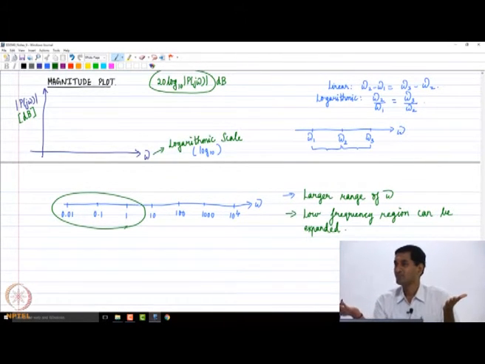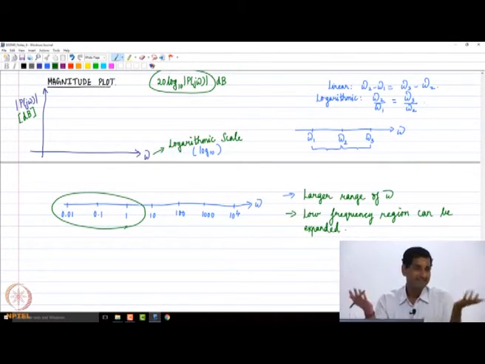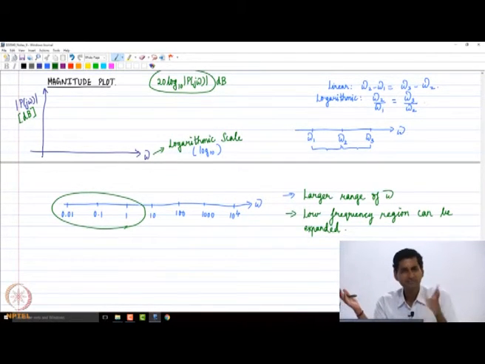If in sin omega t or cos omega t I say omega is 0, I am going to get either a 0 or a 1, right. That does not make sense for me, because I want to see sinusoidal inputs. So that is not a very serious limitation as far as a logarithmic scale is concerned. That is why we use a logarithmic scale on the abscissa for the frequency.